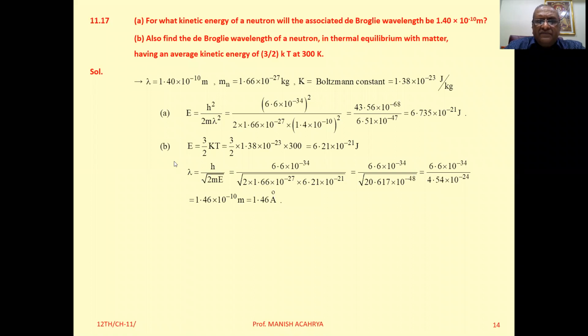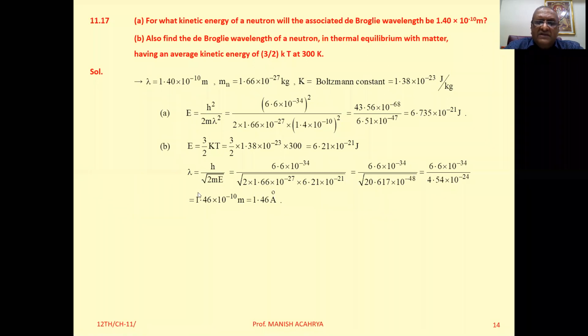Then after, also find the de Broglie wavelength of the neutron in thermal equilibrium. So in thermal equilibrium, the average kinetic energy is 3 by 2 kT. So 3 by 2, substitute the value of K, temperature given to you is 300. Okay. So you will get the energy.